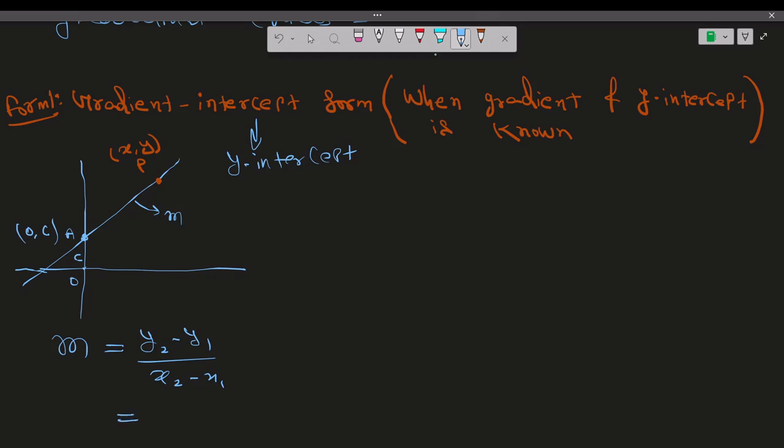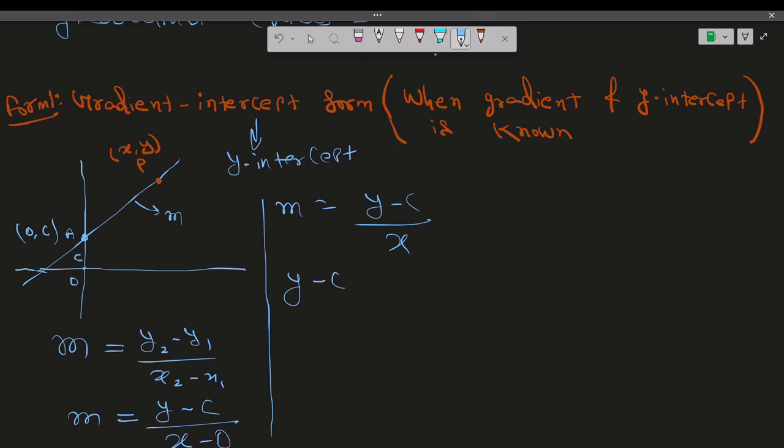M equals y minus c upon x minus 0, so M equals y minus c upon x. And if I do this, y minus c equals mx, and then y equals mx plus c. So this is the equation of the line.